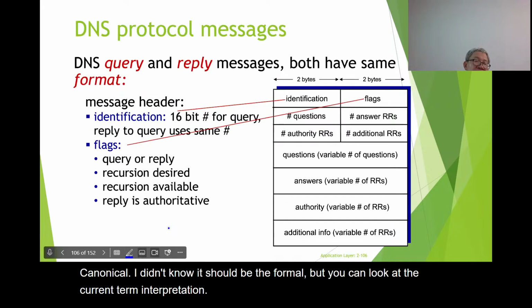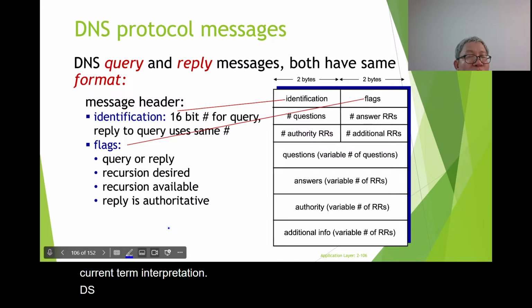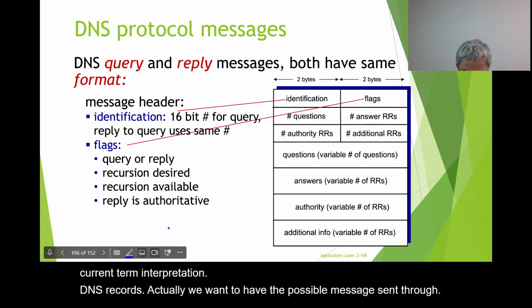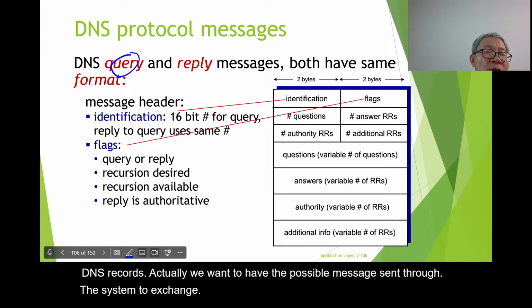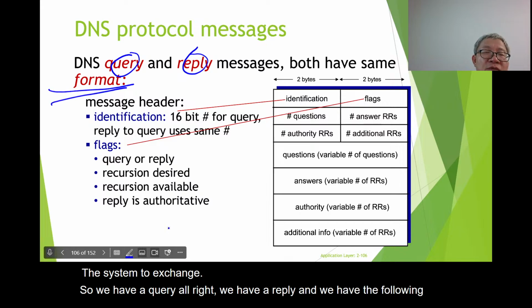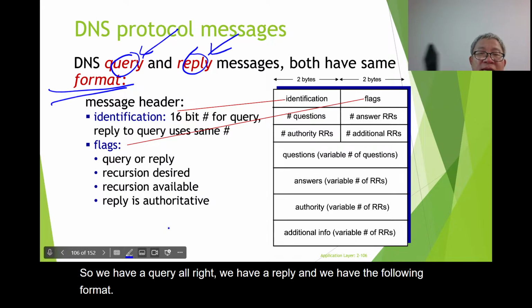Well, about DNS messages, we want messages sent through the system to exchange information. So we have a query and a reply, and we have the following format for query and reply.